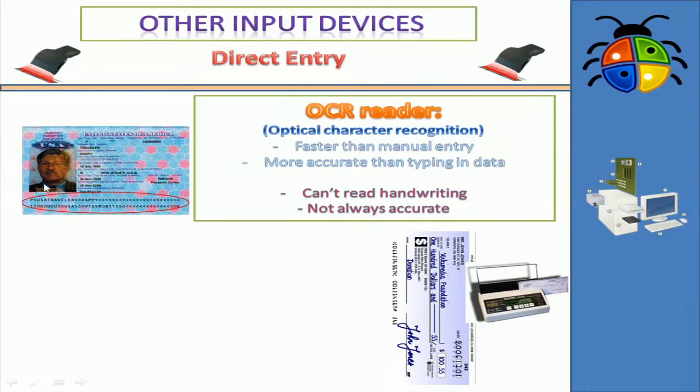So think of the poor lady or man at passport control. Lots of people, different names from all around the world, strong accents. It would be very hard for them to type out your name. But with this, they just run it through the scanner and they've got that information there. The big downside is it can't read handwriting. So this uses very specific fonts.